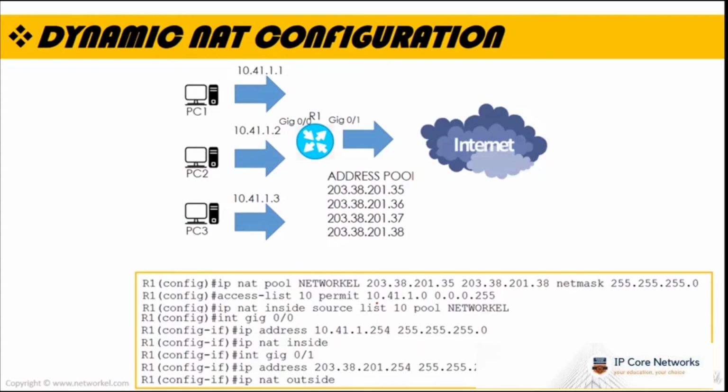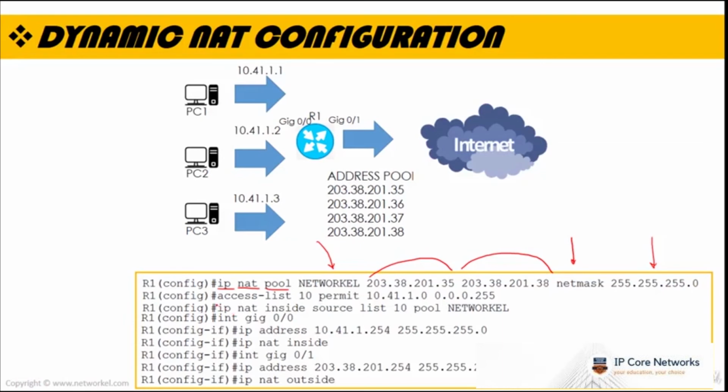Let's go ahead with the dynamic NAT configuration. So we need to firstly define an IP address pool in here. To define a pool, I'm typing ip nat pool, the pool's name, which is network.el, and I'm defining the range of the pool with the netmask keyword, and I'm typing the subnet mask that I'm going to use for the pool.